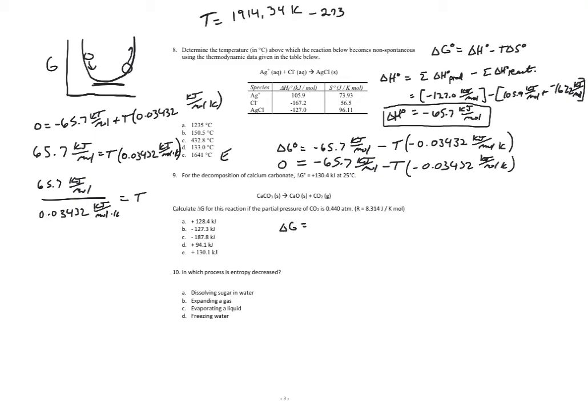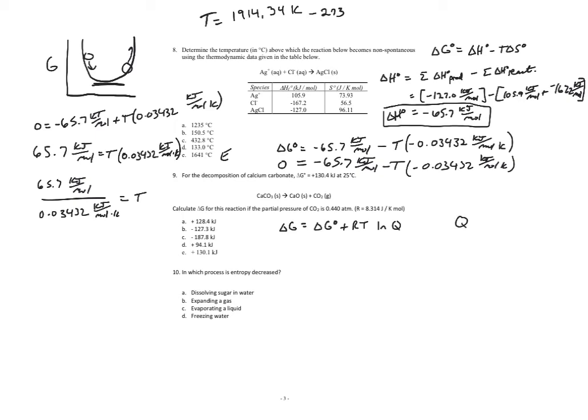We have our non-standard delta G, and that's equal to our standard delta G plus RT natural log of Q. And again, remember Q, this is very similar to our equilibrium constant, but this is called the reaction quotient. We just have this quotient because we're not guaranteed to be at equilibrium in this reaction. So as long as you know this equation, this problem is going to actually be pretty easy to solve.